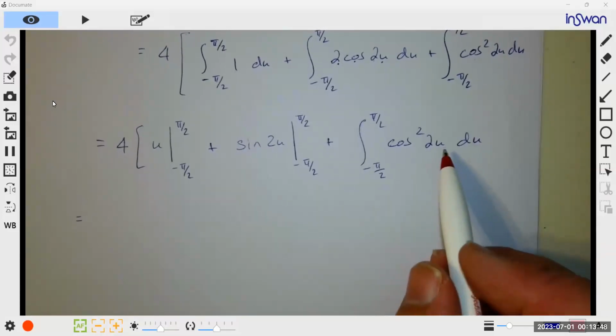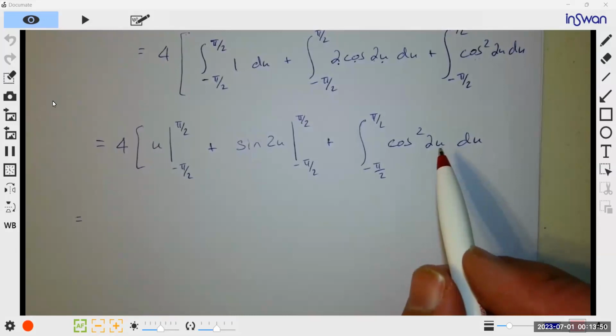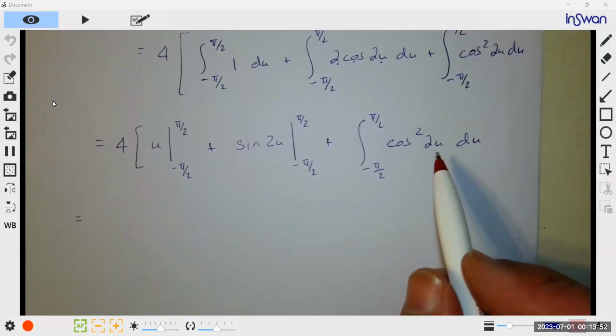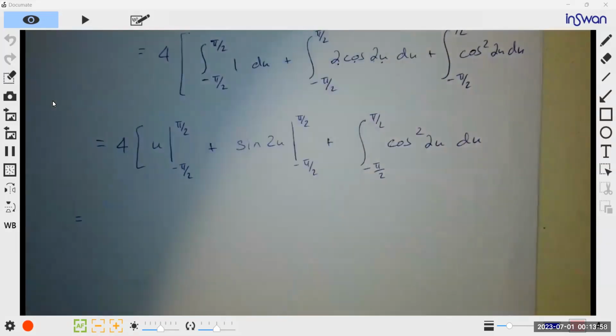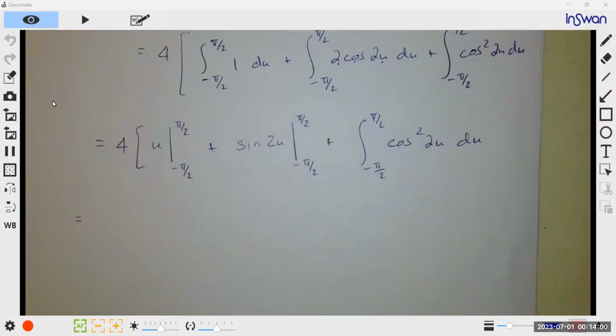Because cosine squared 2u is the same thing as, that's an old one. Where's a new one?